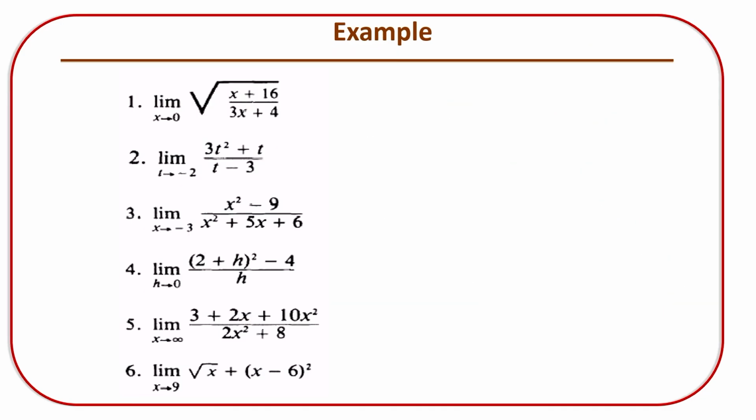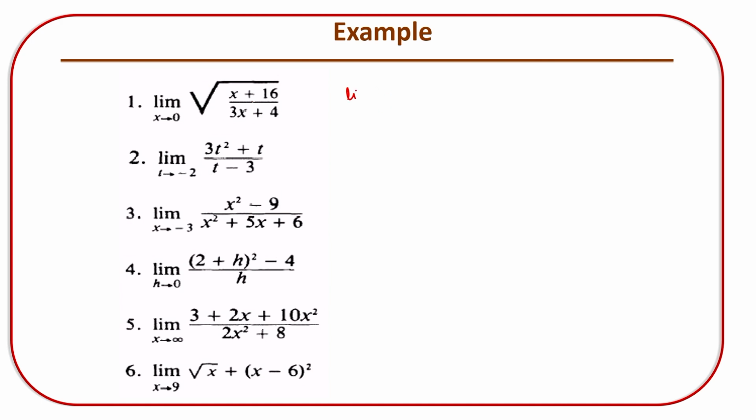So, evaluate these 6 questions. I will evaluate the first question. How to evaluate it? Let us put this value x tends to 0 directly into this one. If I put x tends to 0, this will become 16 divided by 4, and it comes out to be 4, right.